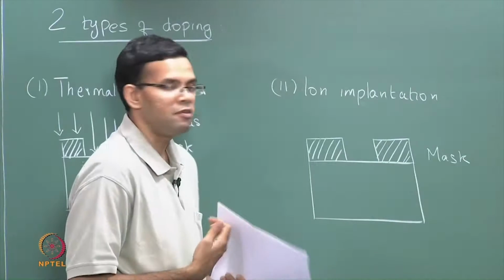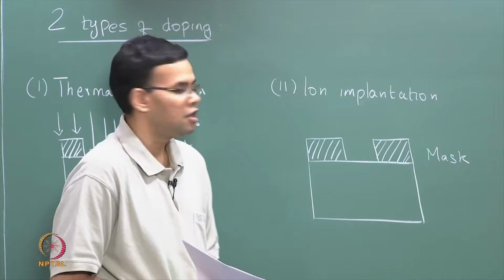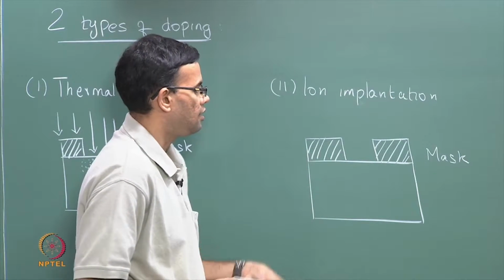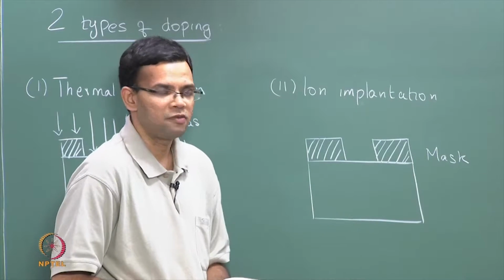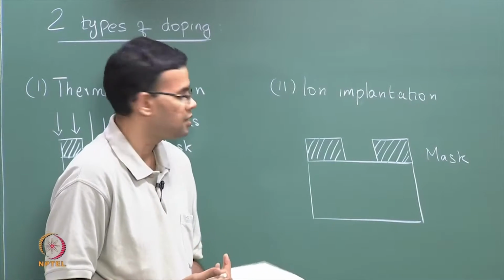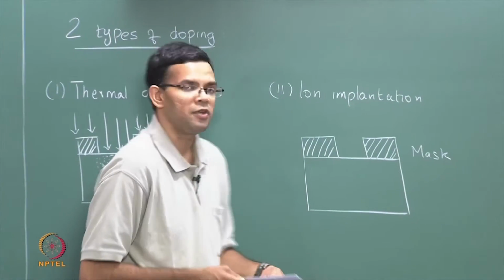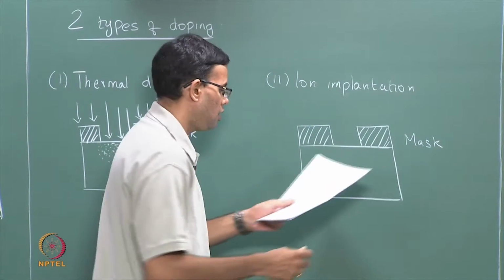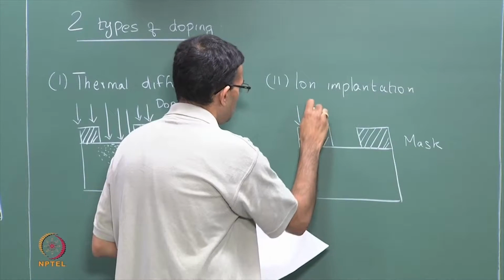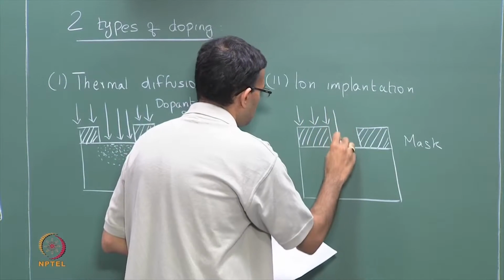In fact, it can even be done at room temperature, so that you can use a mask like a conventional lithography mask. We will see that when we come to lithography, what a lithography mask is. But you could use a lithography mask, and you can also dope in smaller areas. So here you have dopants in the form of ions.